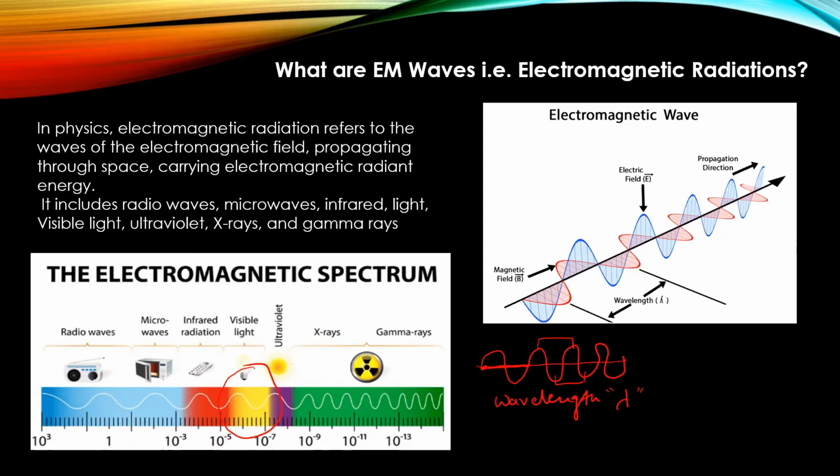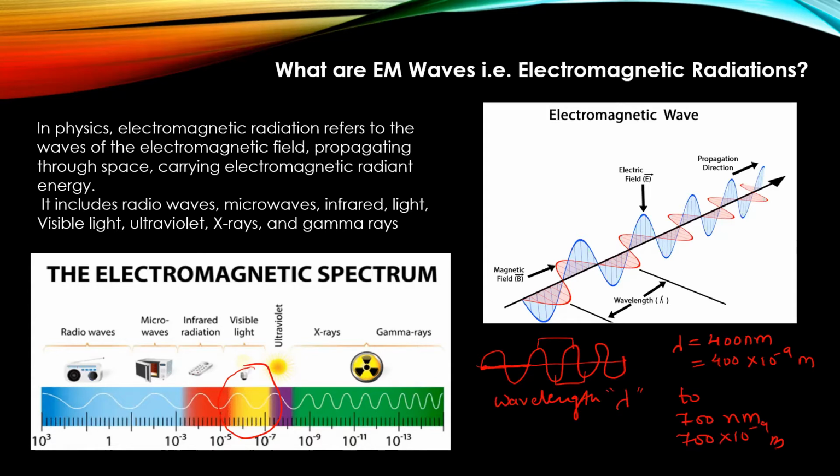Now, we can see waves which have a wavelength of 400 nanometers, that means 400 into 10 to the power minus 9 meters, to 700 nanometers, that is 700 into 10 to the power minus 9 meters.